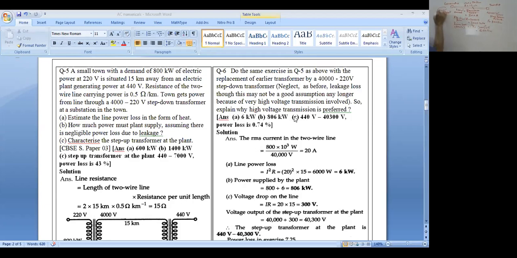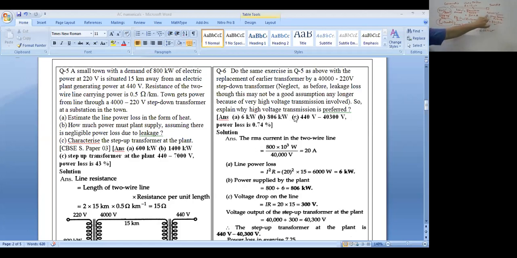So this is the step up transformer required here at the generating station. And what should the power input be? There is the output power, there is the loss in line. So 800 plus 600, that is 1400.